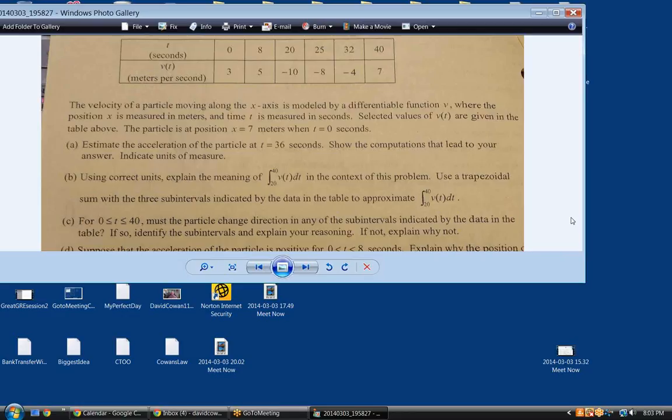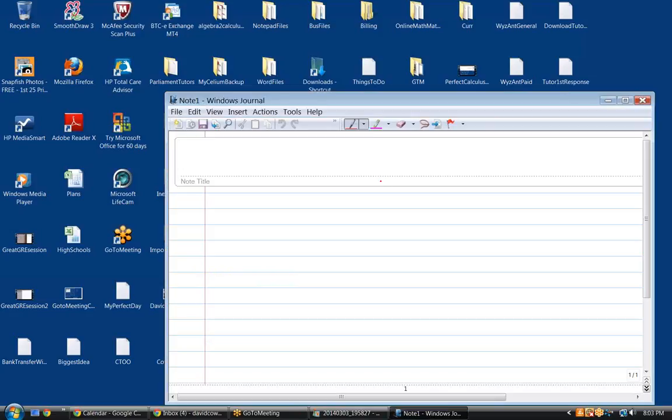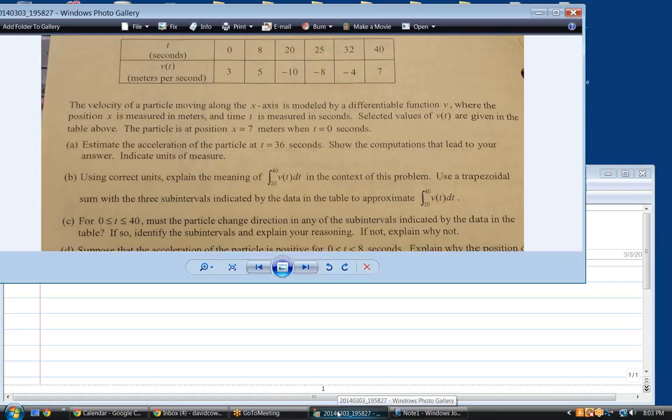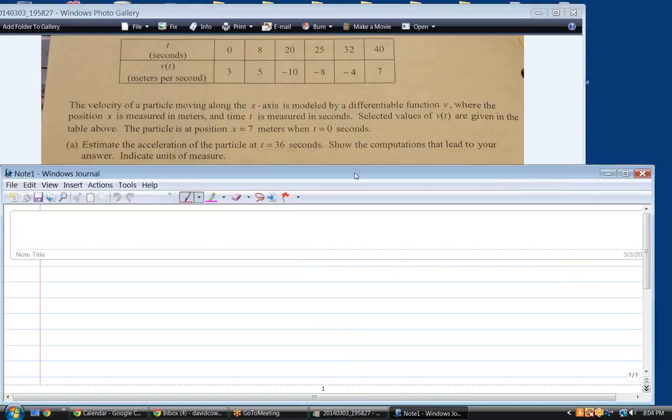So if we're estimating the acceleration at 36, let's see. I'm not quite sure what they're looking for here in terms of technique, but I think I can probably figure it out. Yeah, I can send you the answers. Well, how she did it.